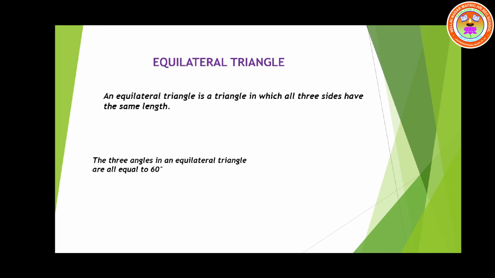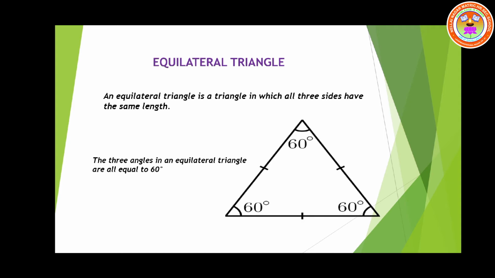All the three angles in an equilateral triangle will be equal to 60 degrees. There are three angles and all three will be equal to what? 60 degrees. Yes. Now look at this triangle. All the three angles are marked and all are 60 degrees. What about the sides? There is a line marked on each side. This line denotes that all the three sides are the same.